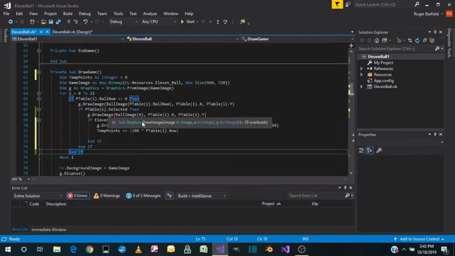If the 11 flag is true, that means we are drawing balls that have selected that their running total equals 11, and the next time they go through, they're going to be gone.